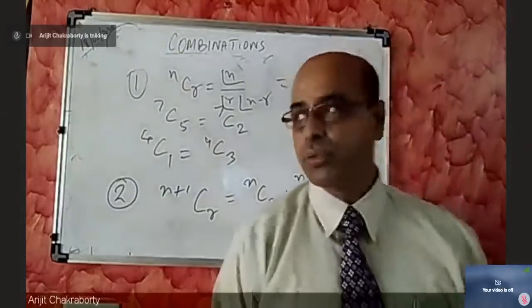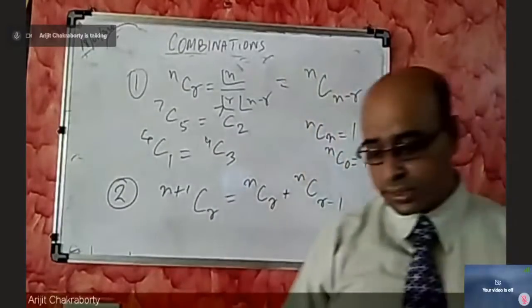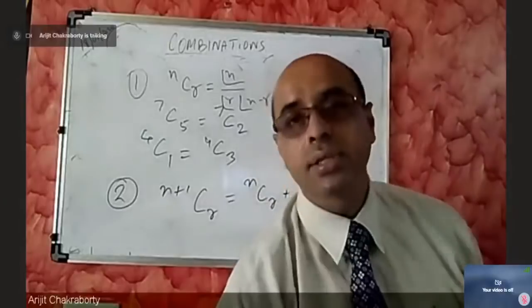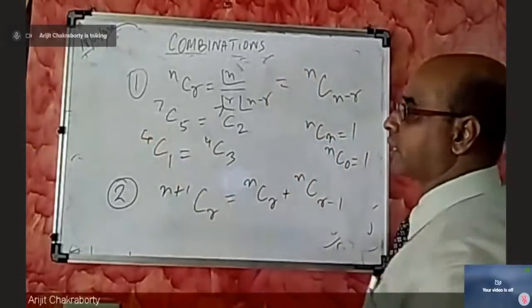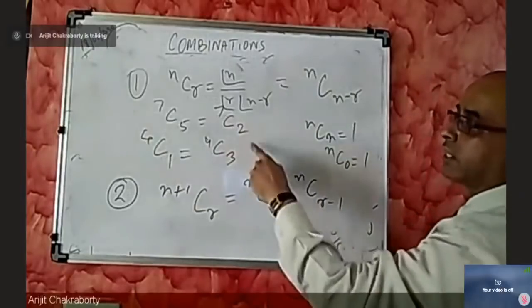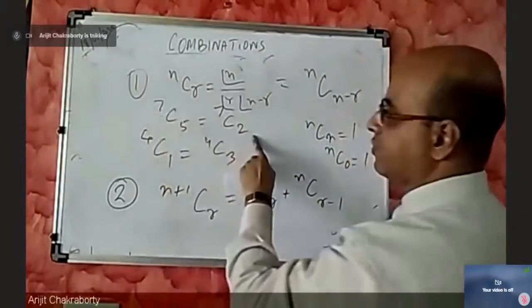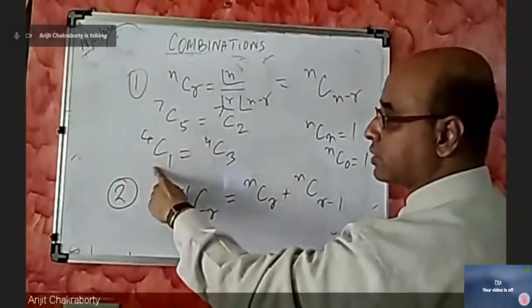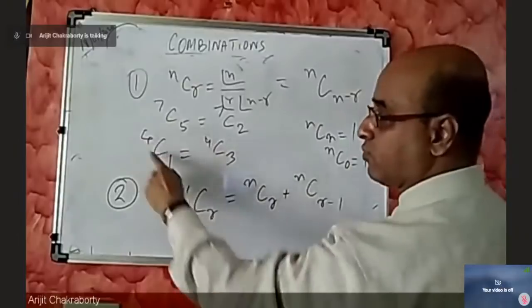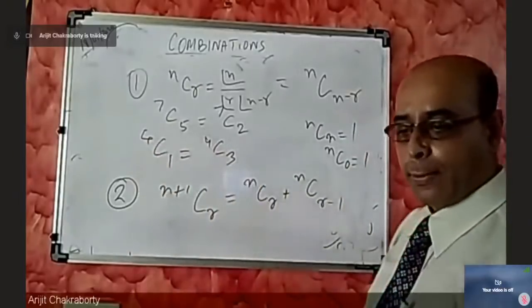These are given in the study material and these are the properties of combination. So NCR, like 7C5 I have taken, is equal to NC(N minus R), that is 7 minus 5, 2. Here N is 4, R is 1. NCR is equal to NC(N minus R), 4 minus 1 is 3. Right.